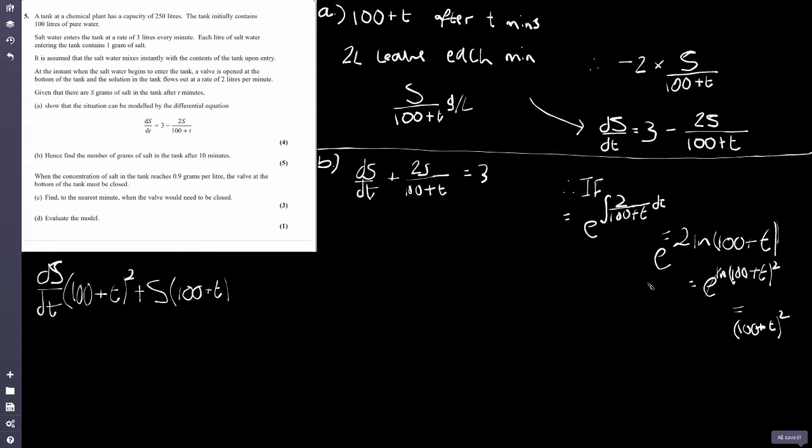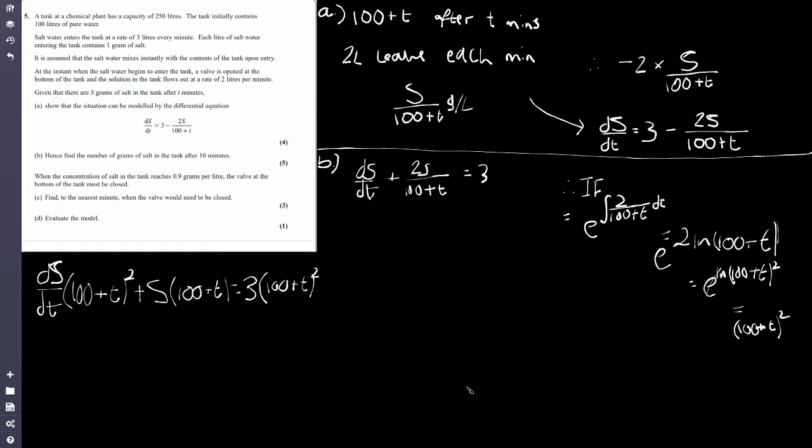And then my right hand side, 3 times this, we just get this, nice and easy. So that's (100 + t) all squared. Okay, so we've times all of it through now by the integrating factor.